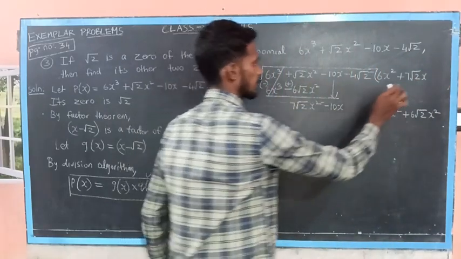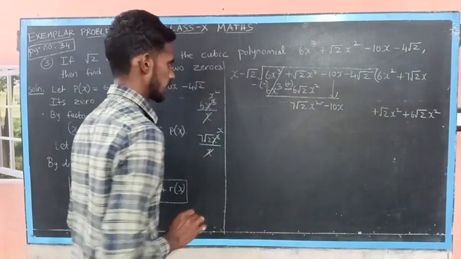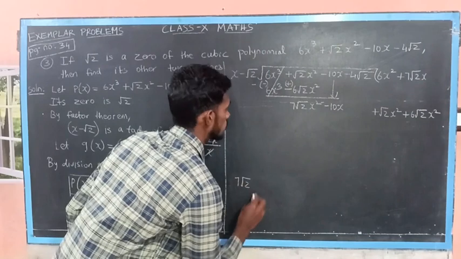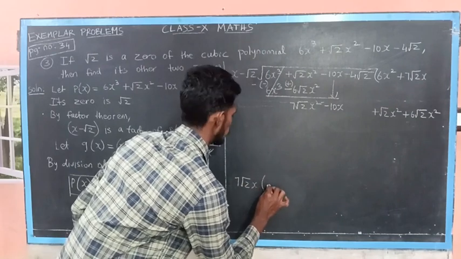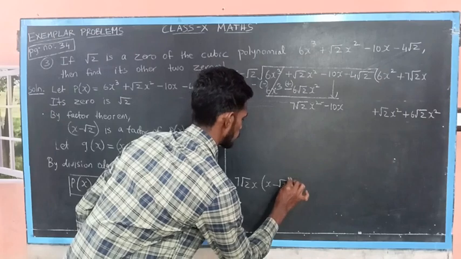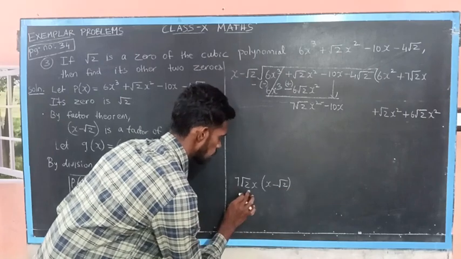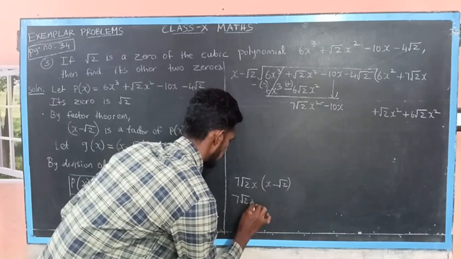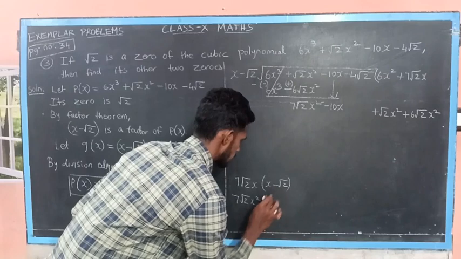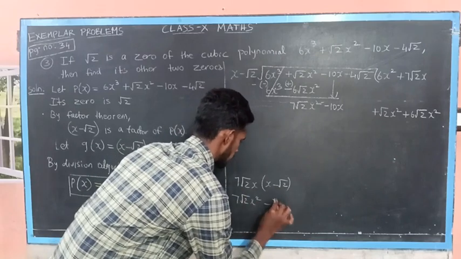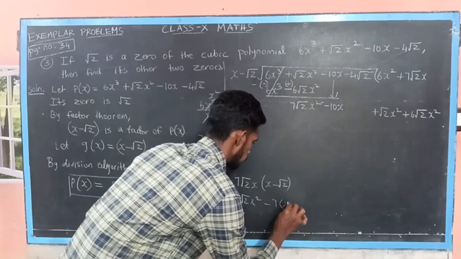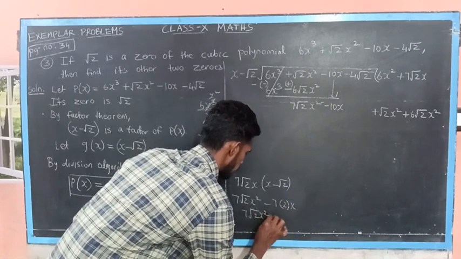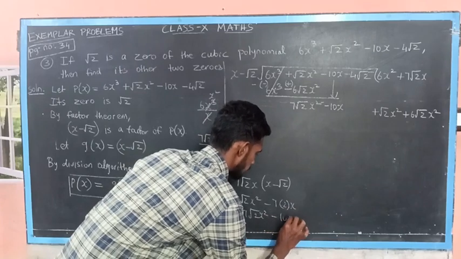Now multiply the quotient with the divisor: 7 root 2 x into x minus root 2. 7 root 2 x into x is 7 root 2 x square, then 7 root 2 into root 2 becomes 14, then x. So it is 7 root 2 x square minus 14x.